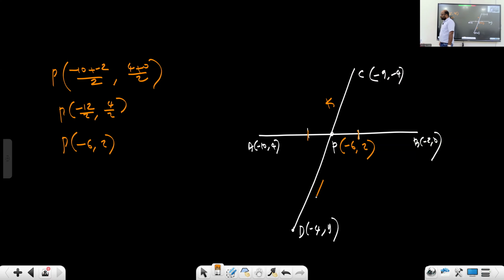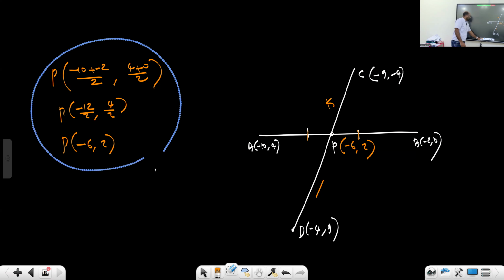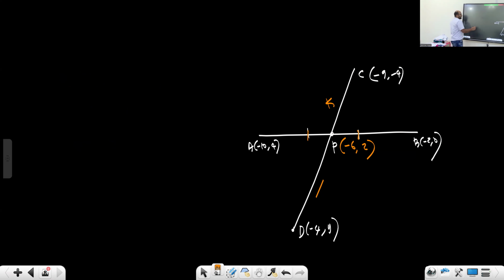Let P minus 6, 2, mark it in the diagram, divide CD in the ratio K is to 1.